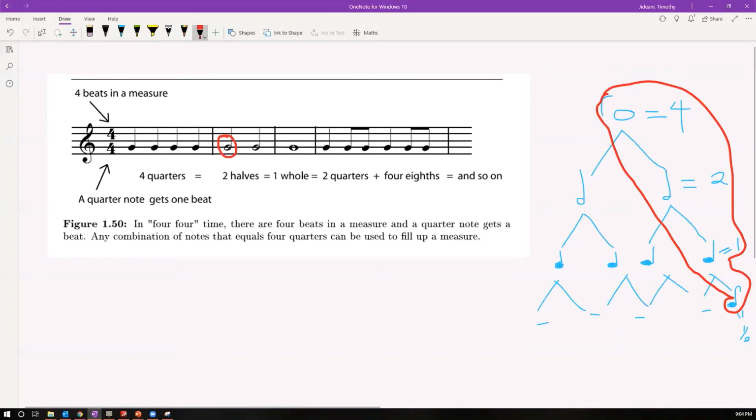This half note takes 2 quarter notes, but I'm not going to sing the 2 quarter notes. I'm going to sing just this 1 note, and you'll notice that my 1 note will last for 2 beats. Remember, my beats will be my counting, my clapping.